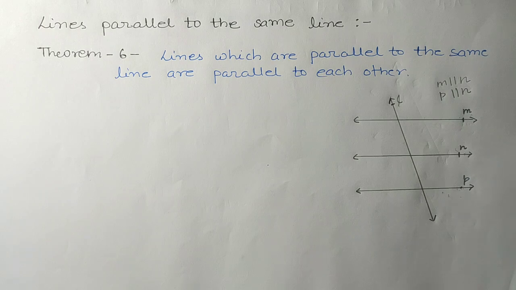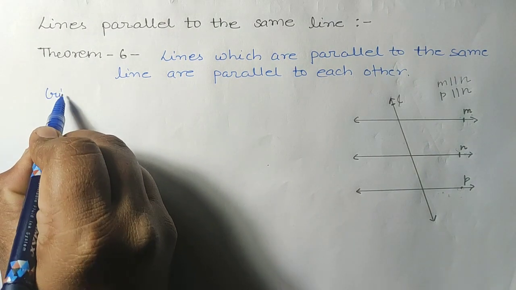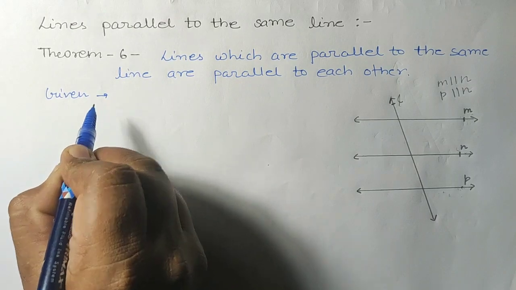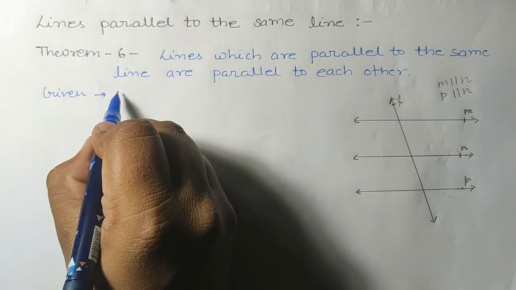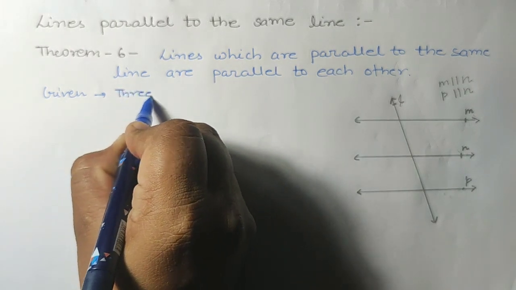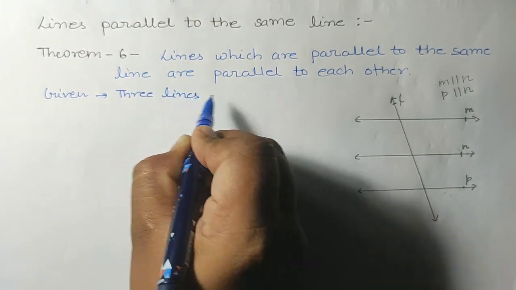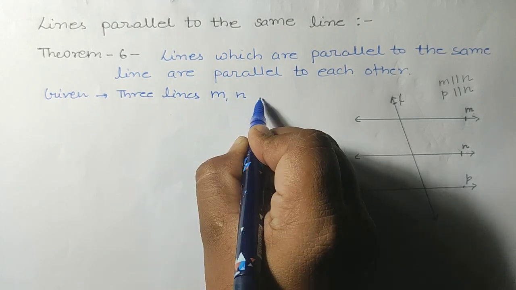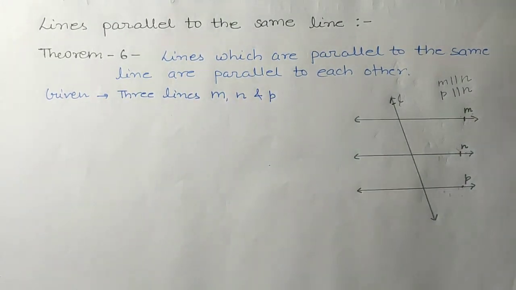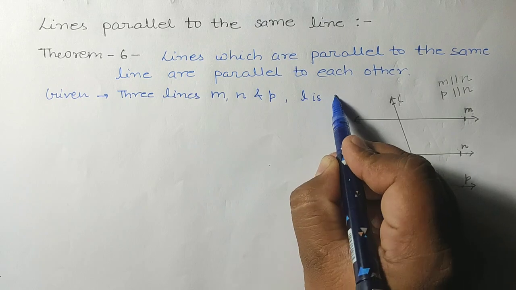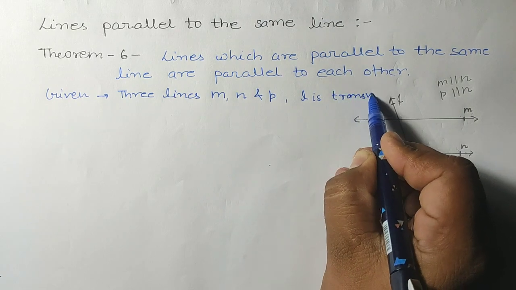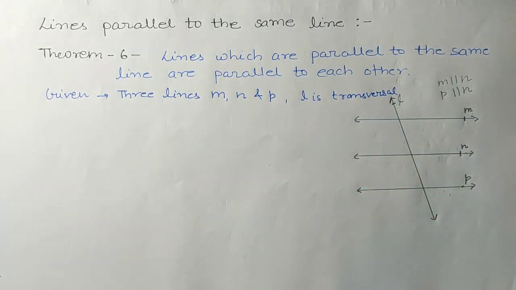So what will we write in the given part of this theorem? We'll write in the given part that three lines M, N and P are given, and L is a transversal.